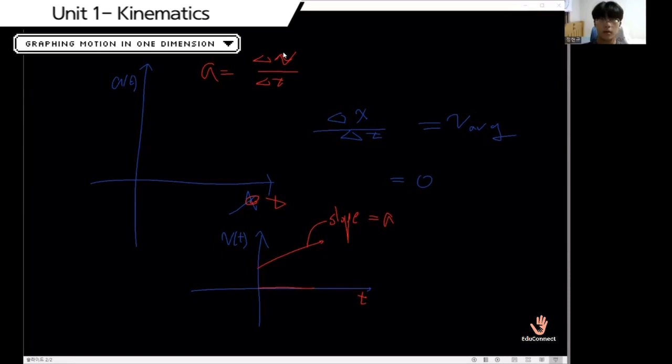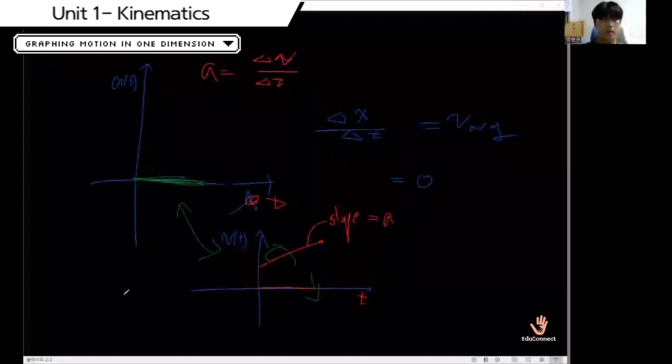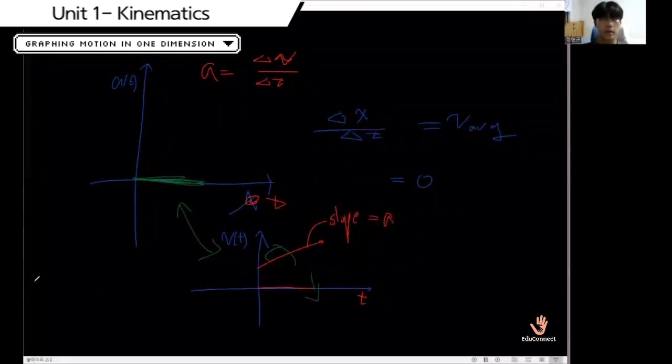The graph of a stationary object may seem pretty dull, but notice how the information in each graph had a relationship with the other graphs. We'll see this trend continue as we examine the remaining cases of motion.